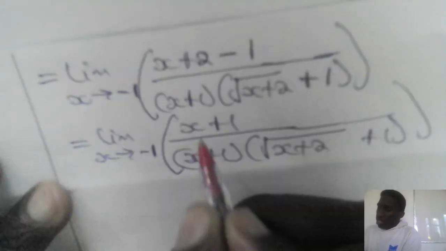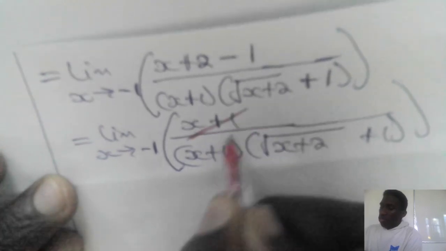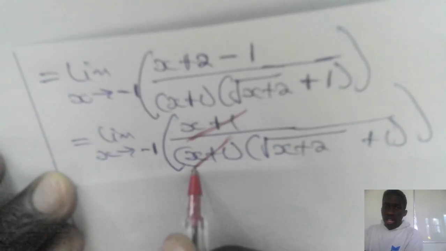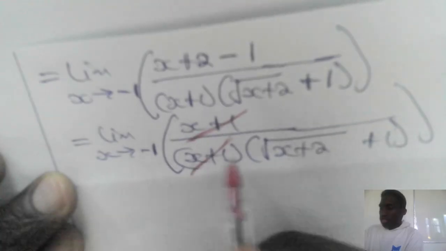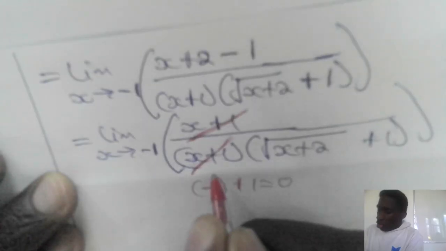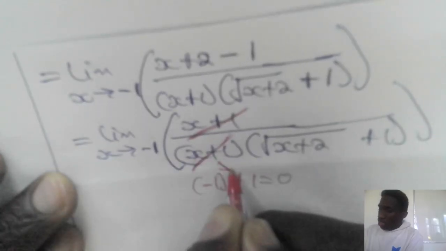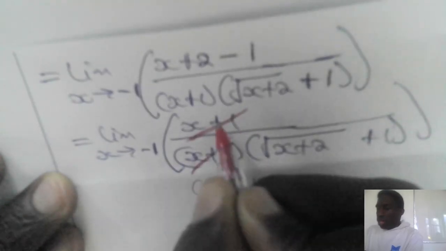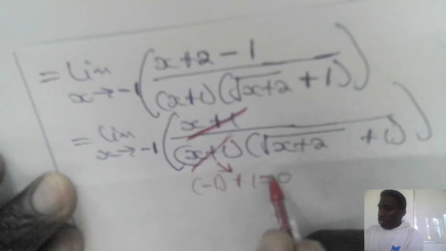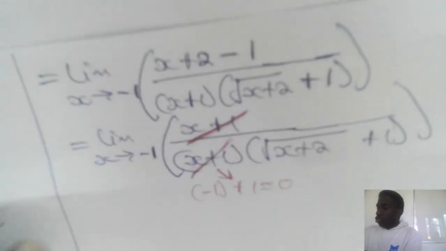So you can easily cancel. And you also notice that if I put minus 1 at x here, I get minus 1 plus 1 is equal to 0. So I'm cancelling out the zero-causing term from the denominator, and I'm also knocking off the zero-causing term from the numerator.